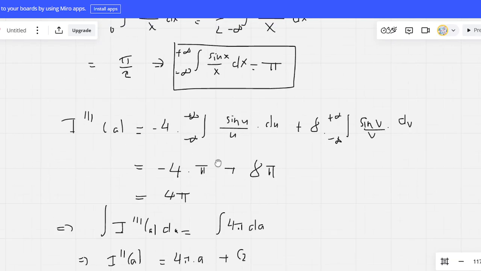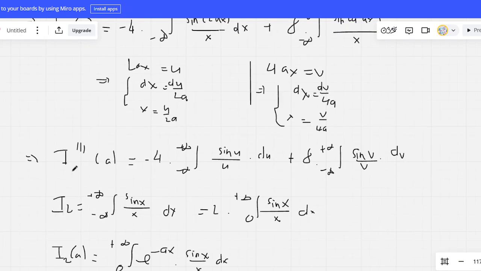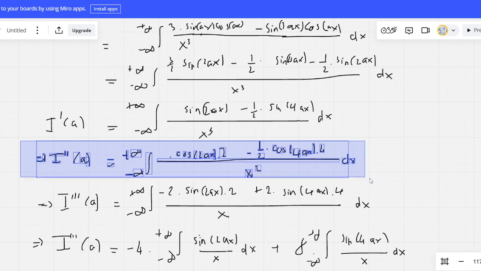And the way to determine this constant c, we simply bring in the second derivative here, which is this chunky boy over here.